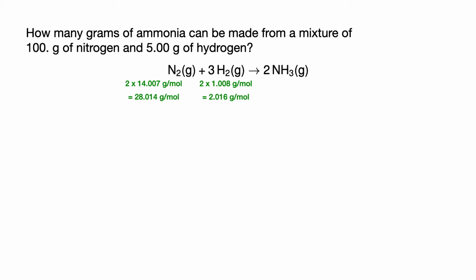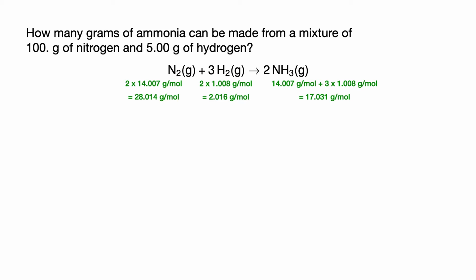And then for ammonia, NH3, we have 14.007 grams per mole for N, plus 3 times 1.008 grams per mole for the hydrogens, giving a total of 17.031 grams per mole for the NH3 molecule.